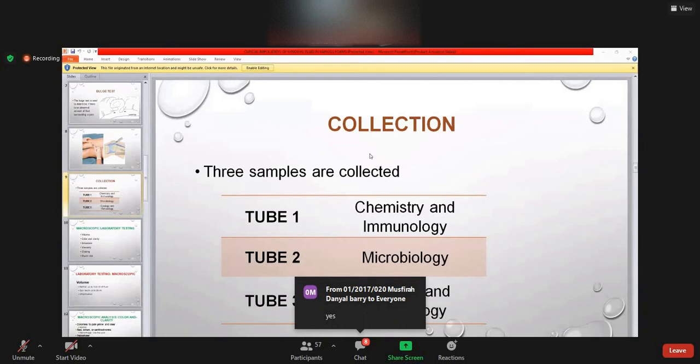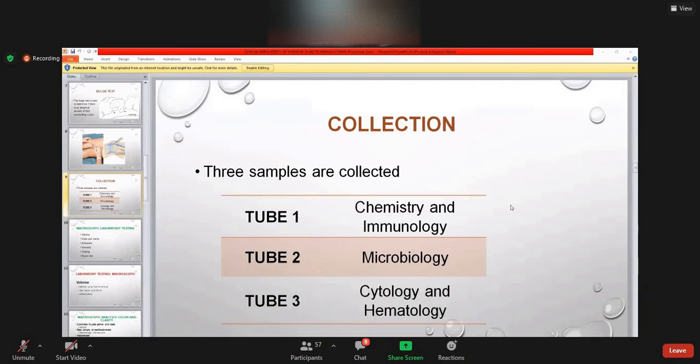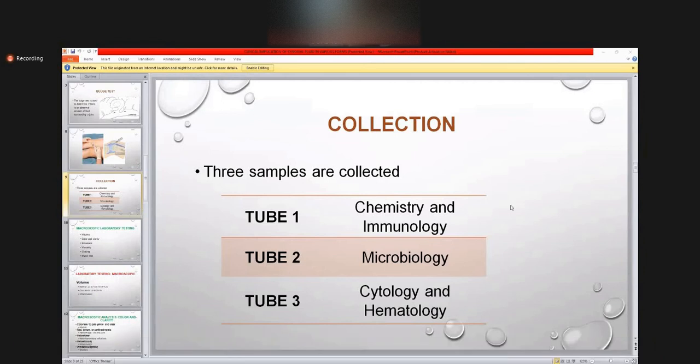Okay, so we will collect the sample in three tubes. Chemistry is for the protein estimation, for glucose, for the specific gravity, for pH, right? And immunology is for certain immunological markers. We will check in certain autoimmune diseases. Achha, what type of autoimmune diseases?